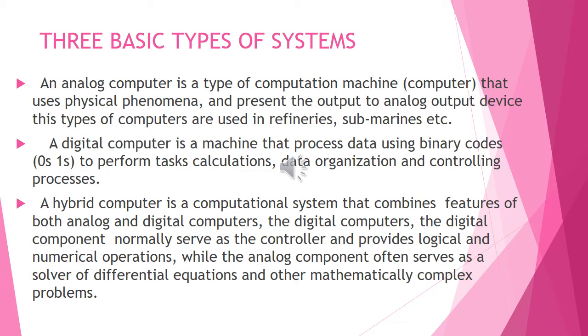Let's look at the second one, which is the digital. A digital computer is a machine that processes data using binary codes, which are 1s and 0s, to perform tasks like calculation, data organization, and controlling processing. Digital computers are used in offices, homes, and institutions.